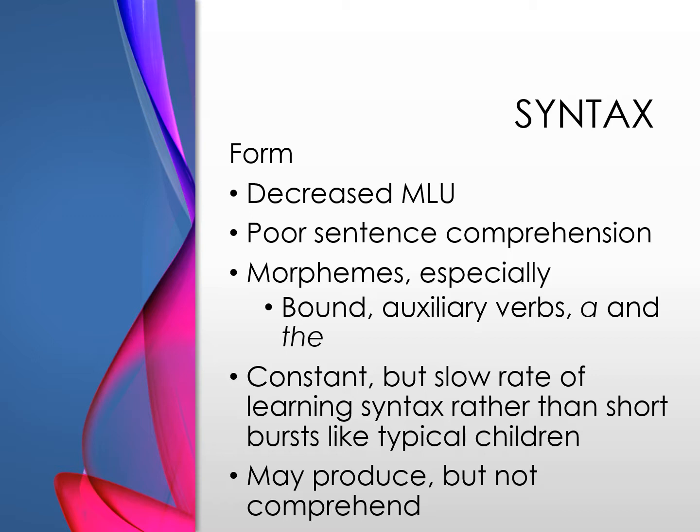If you ask a child to point to the one who is running, the child may not know who to point to. Evidence shows that these children have trouble with the bound morphemes, such as the S and the ED. The auxiliary verbs like I am running, he is walking, and we are going, they often leave out, and they also often leave out the A and the.